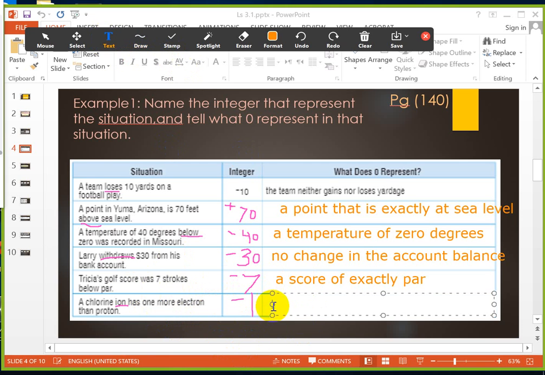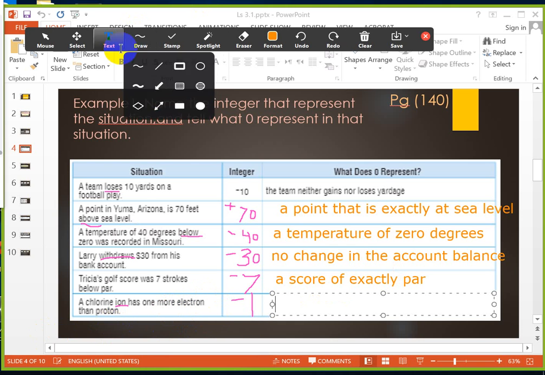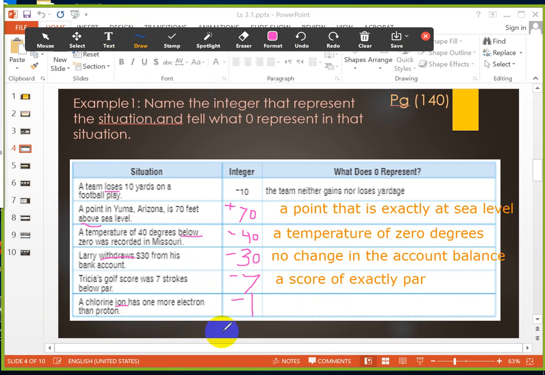What does 0 represent in this situation? We talked about electrons. I have one more electron than proton. You know from the science that the electron will be negative and the proton will be positive.